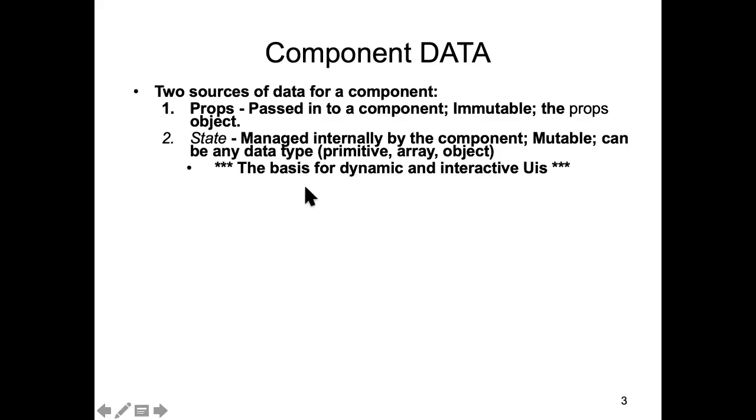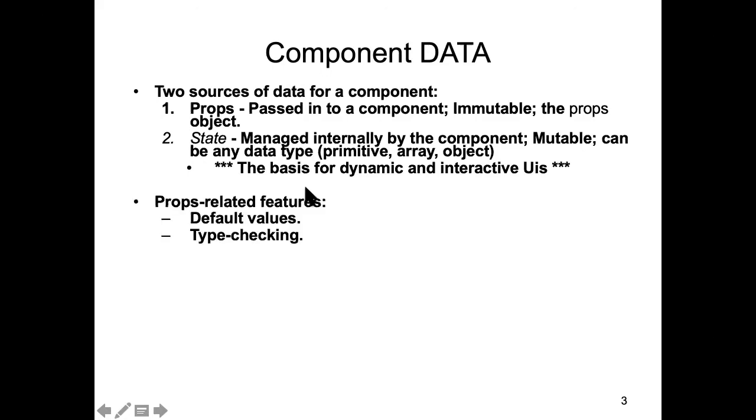In fact, that mutation is central to making a component dynamic, because if a component changes its state, that will cause the component to automatically re-render or re-display itself. And between any two re-renderings, it may change what it wants to display onto the screen. So this notion of state is the basis for making components dynamic.